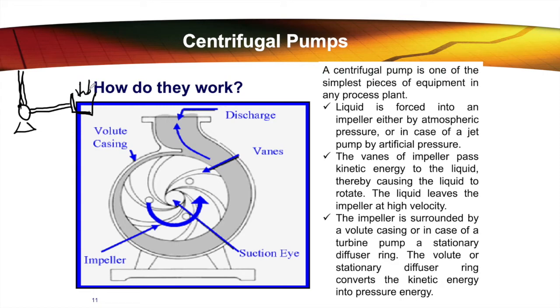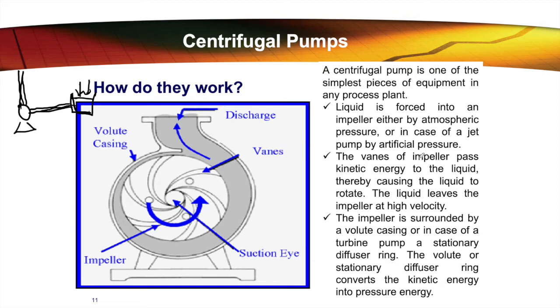So the pressure will rise to this point, and then it will transfer the water into the centrifugal pump. This transfer will be in axial direction, or maybe it will be transferred by a jet pump or artificial pressure.